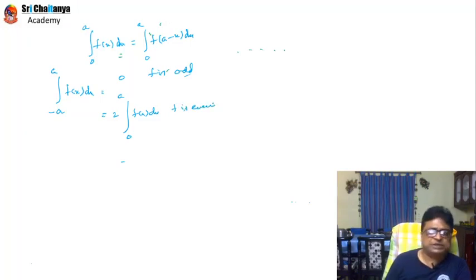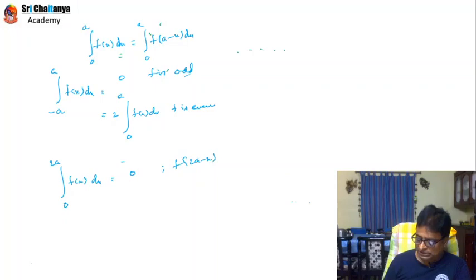This I also mentioned. Another important formula: integration 0 to 2a f of x dx equal to 0 if f of 2a minus x is equal to minus f of x, and equal to 2 times integration 0 to a f of x dx if f of 2a minus x is equal to f of x.